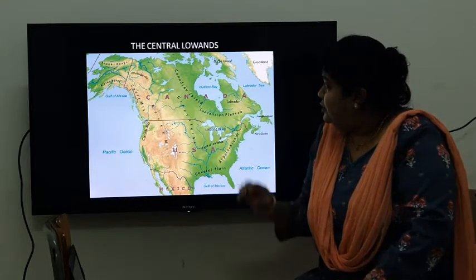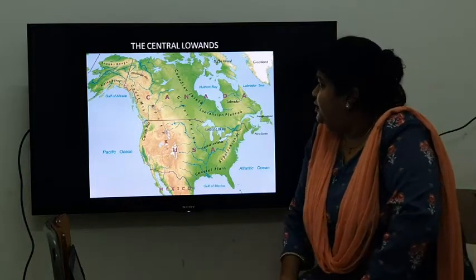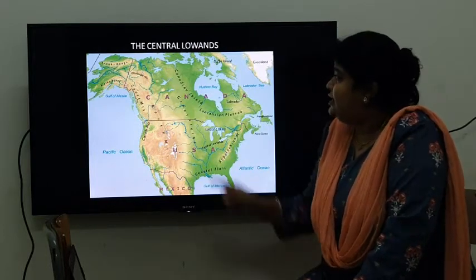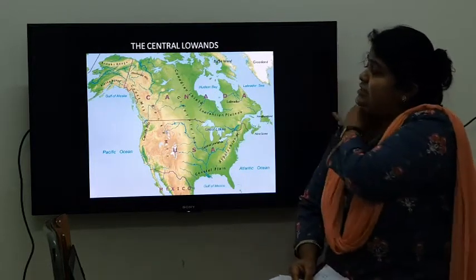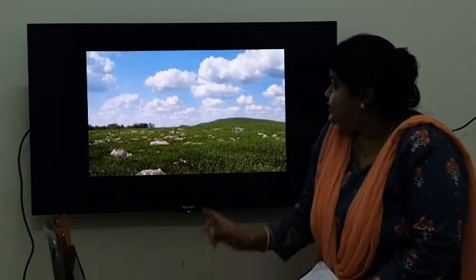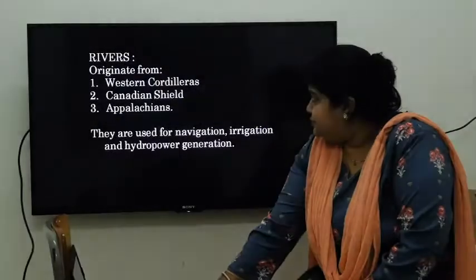These plains extent-wise, the east-west extent is 2000 kilometers and the north-south extent is 6000 kilometers. So this is the image of the Central Lowlands of North America.